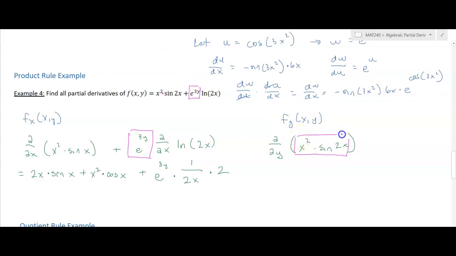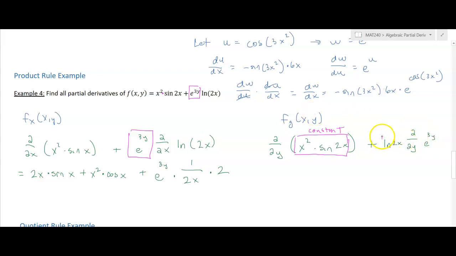So this whole thing here is just one big constant. And you can see how changing the variable of differentiation makes a world of difference in terms of the difficulty of computing those derivatives. For the second term, natural log of 2x is going to be a constant, so we can factor that out, times the derivative with respect to y of e to the 3y.